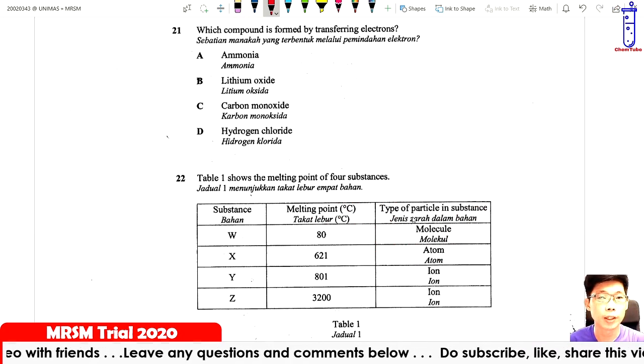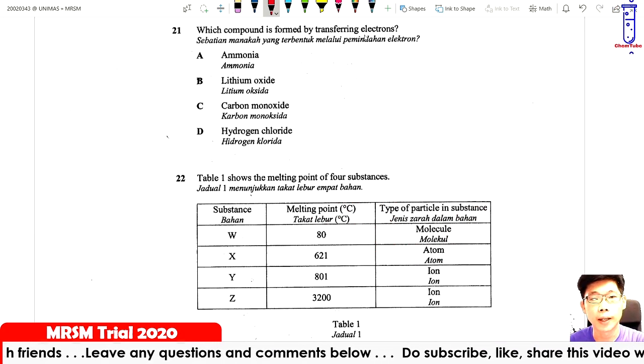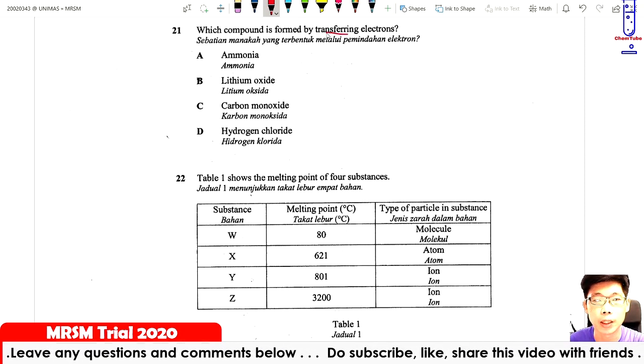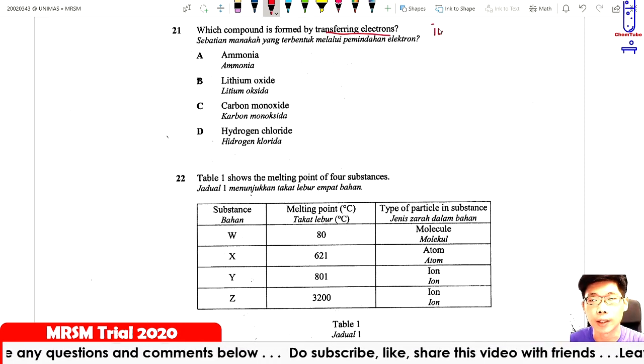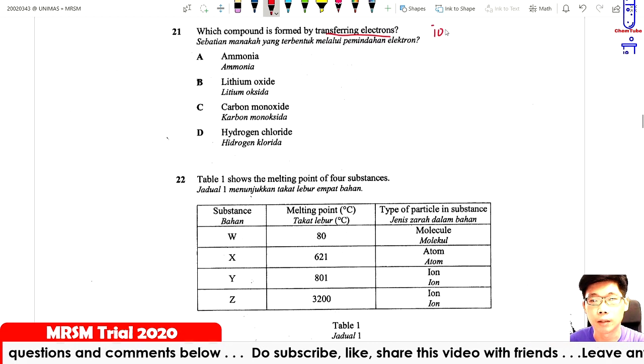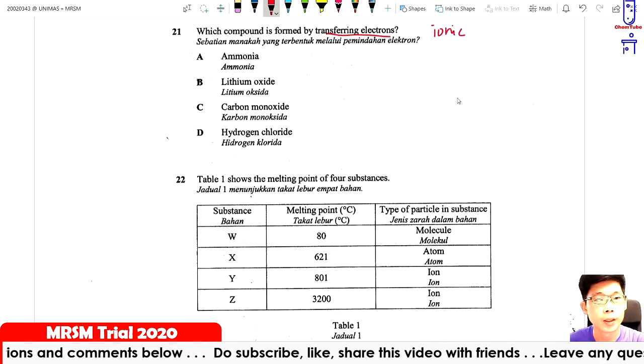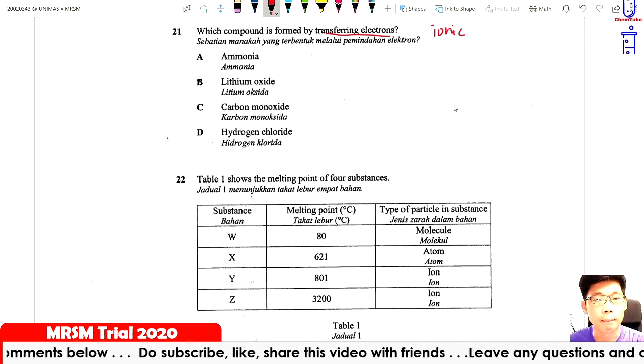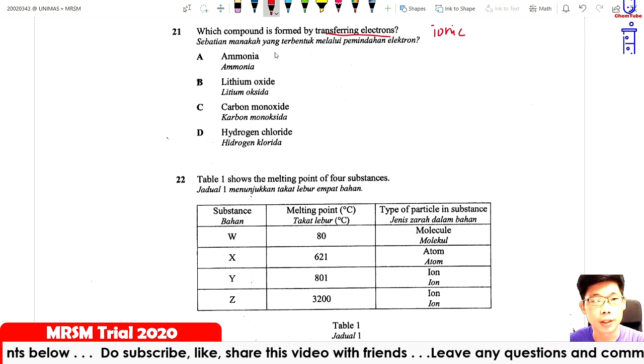Question 21. Which compound is formed by transferring electrons? Transferring electrons means it is an ionic compound. Ionic compounds form between a metal and a non-metal, not sharing electrons.